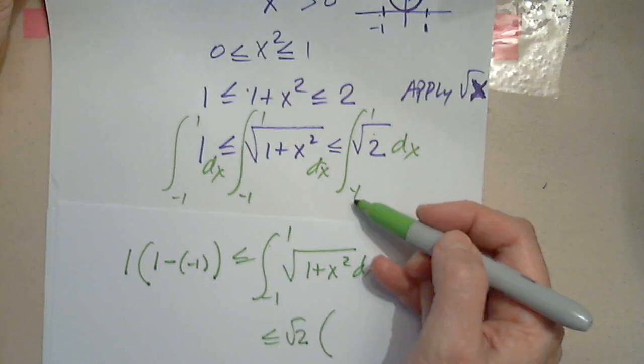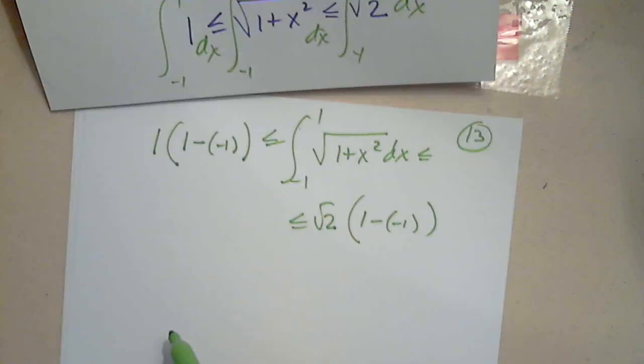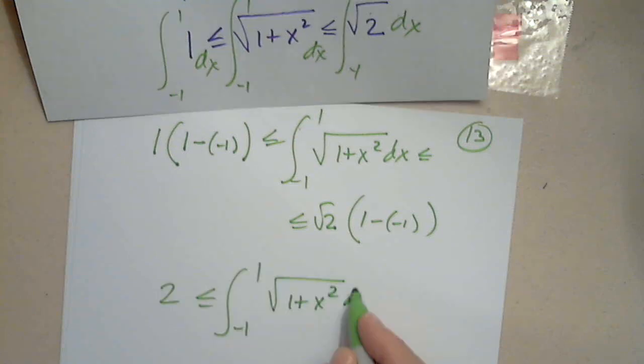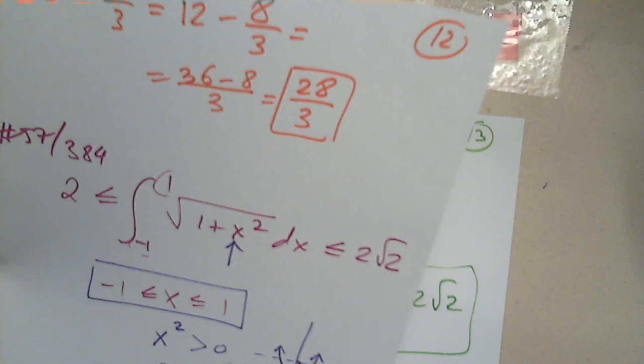So finally, we have 2 times 1, which is 2, less than or equal to this integral, and this is 2 times the square root of 2, and this is exactly what we were asked to show. That 2 is less than or equal to this integral, which is in turn less than or equal to 2 times the square root of 2.